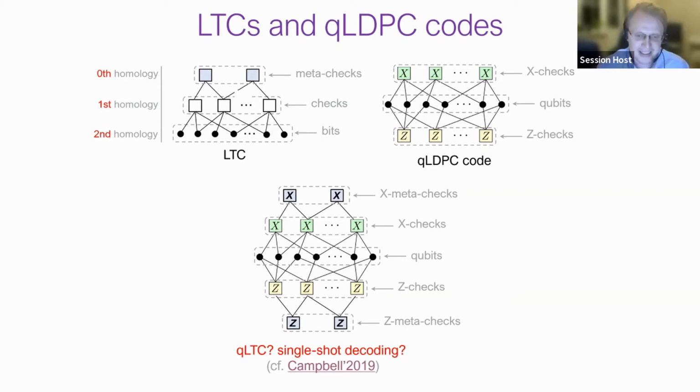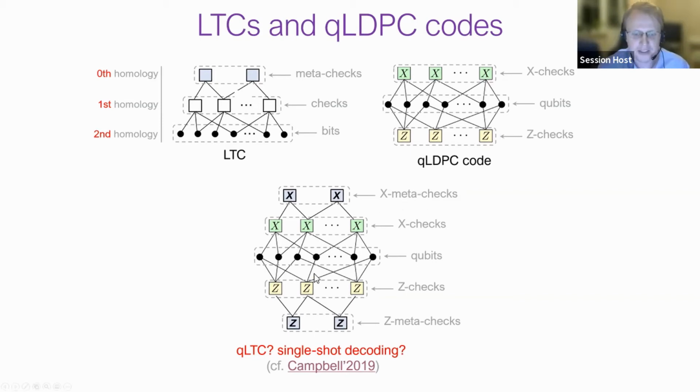This is just a quantum code where the code that corresponds to X checks is locally testable, and the code that corresponds to Z checks is also locally testable.